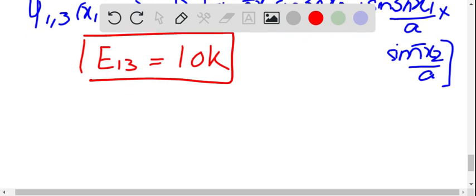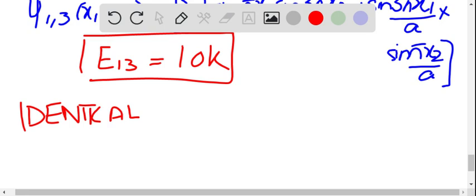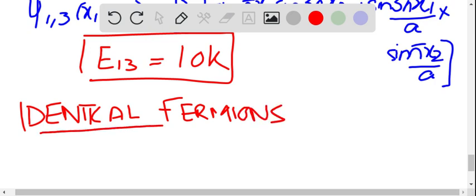And the last part is that we need to find out the solution for the identical fermions, right? Similarly, first of all, you would write the total wave function.